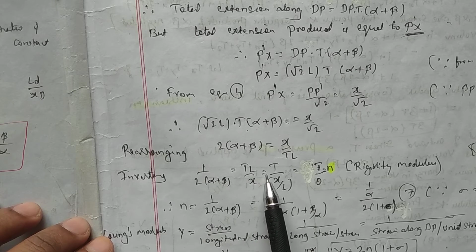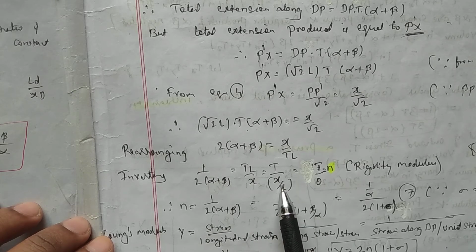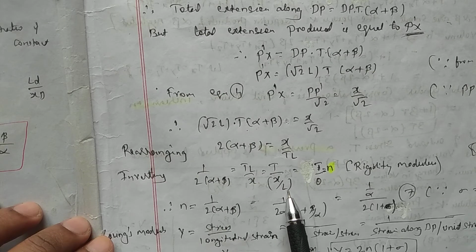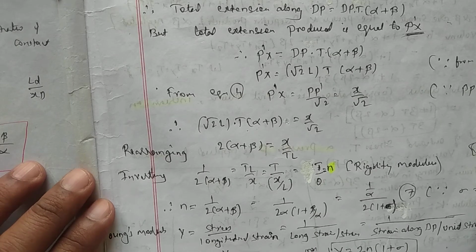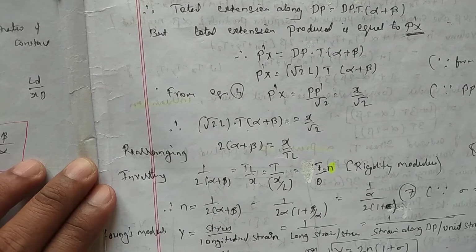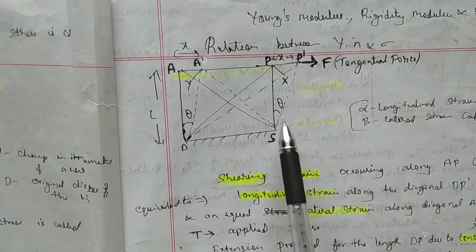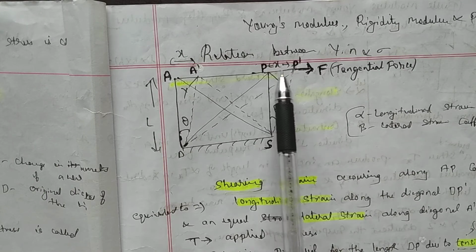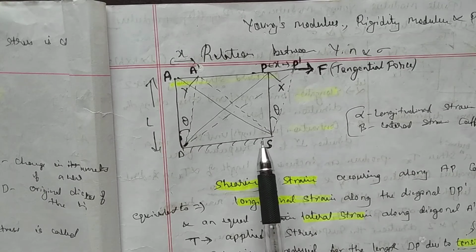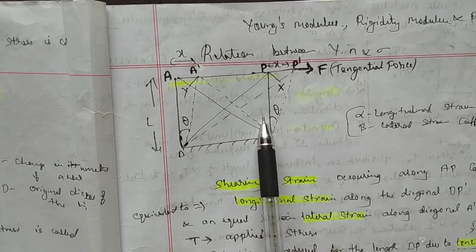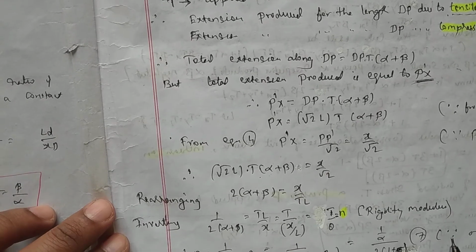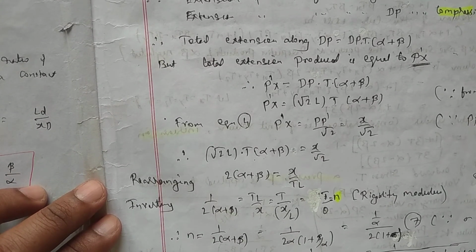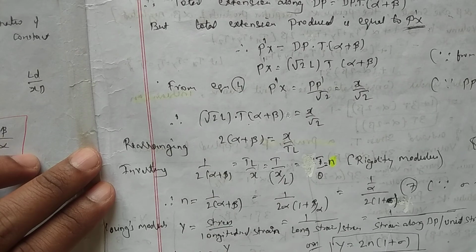So this TL by x may be written as T divided by x by L. This is taken from the previous case, where in the diagram, the triangle P dash S, this side is L and this is x, so x by L may be taken as theta.